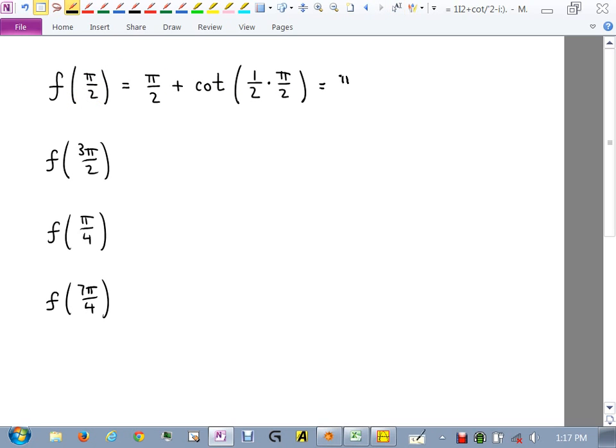So that gives me pi over 2 plus cotangent of pi over 4. What is cotangent of pi over 4? It's cosine of pi over 4 divided by sine of pi over 4, right? It's 1.